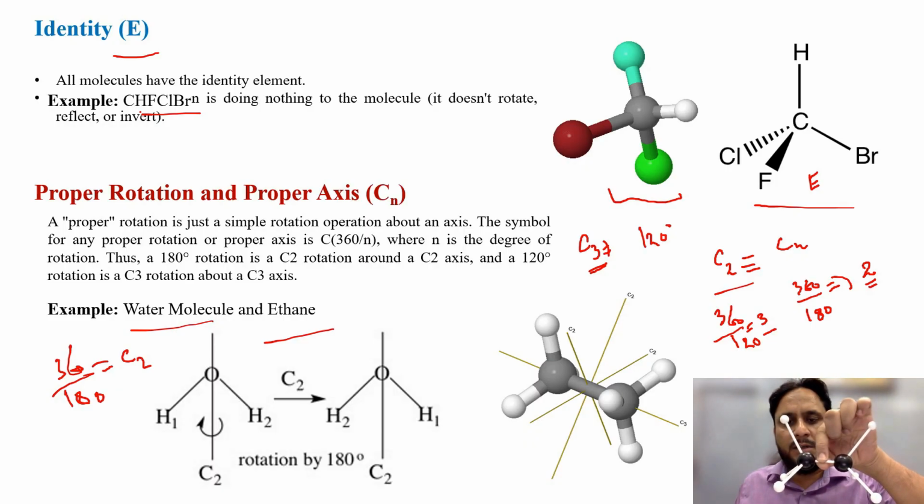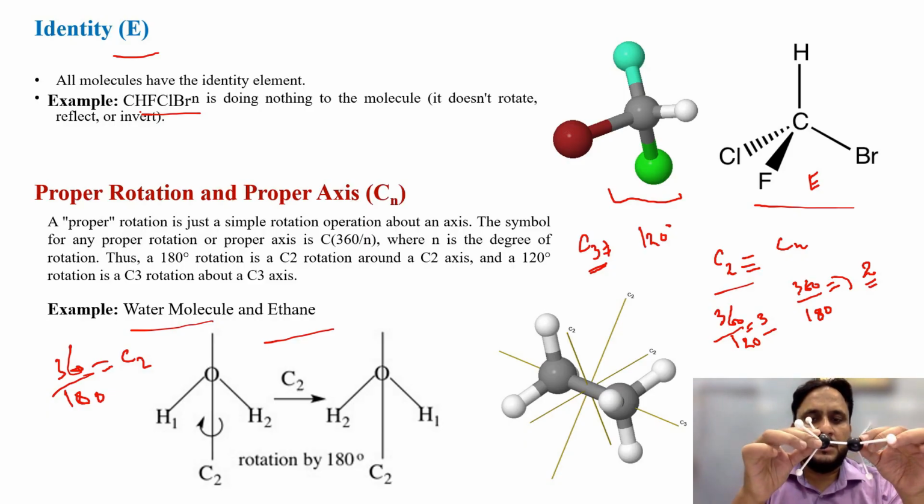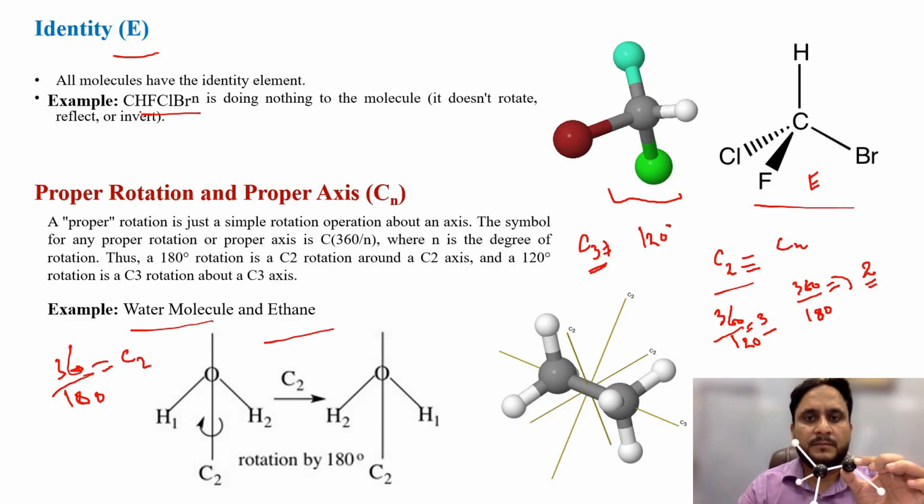If we rotate it by 120 degrees, again it is the same molecule. If we rotate it again by 120 degrees, it is still the same molecule, and the third time also it is the same molecule. So it is the C3 axis.